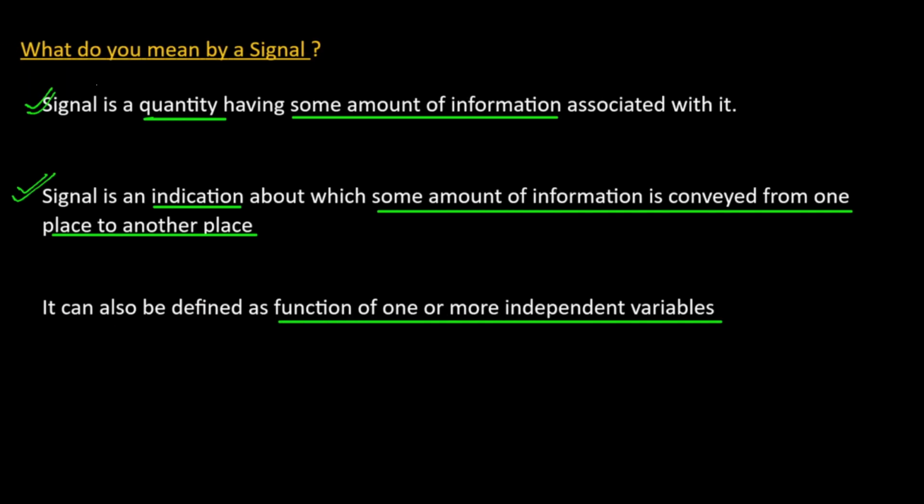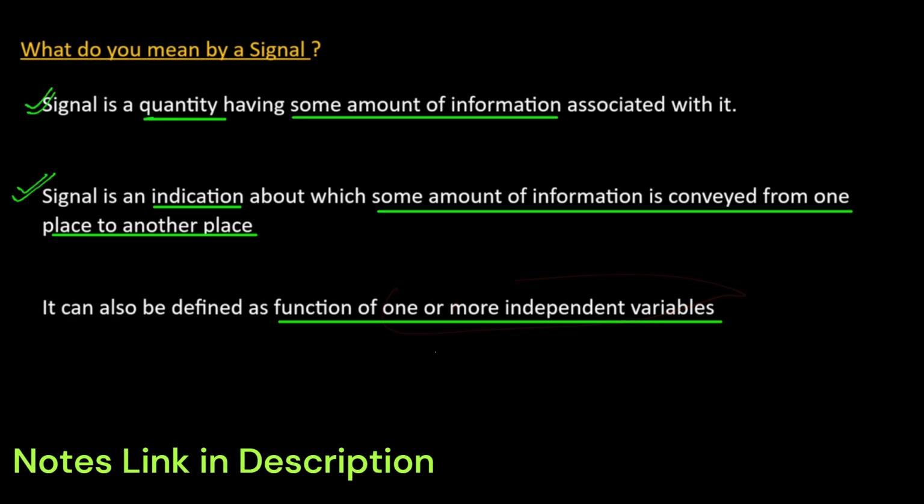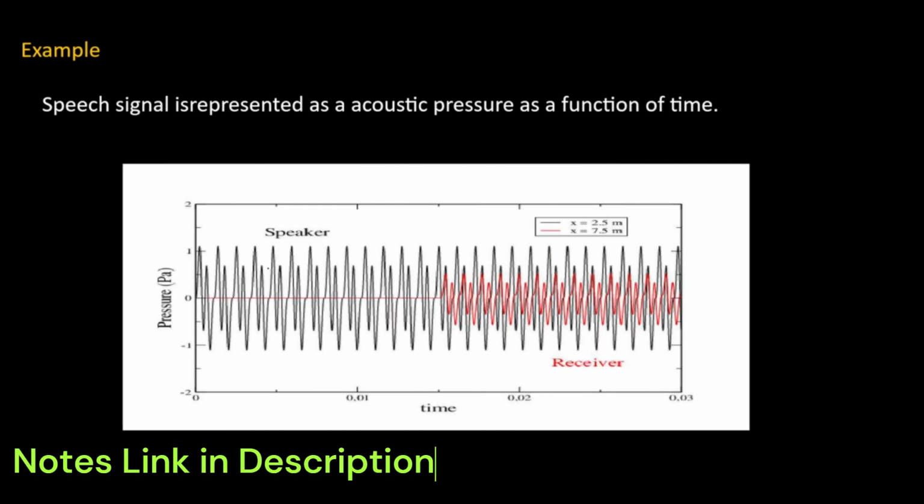We have seen that a signal is a function of one or more independent variables. These independent variables may be anything, and you may have one independent variable and one dependent variable.